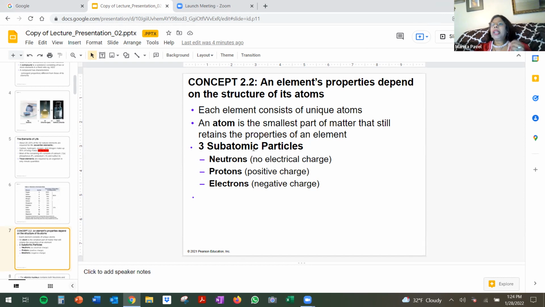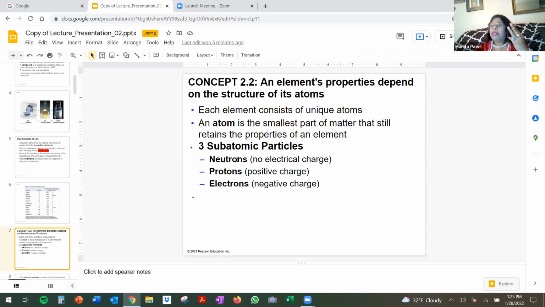Now, when you look at an atom, it is round. And so what does this atom contain? An atom consists or contains 3 subatomic particles. Subatomic comes from the word part of an atom.